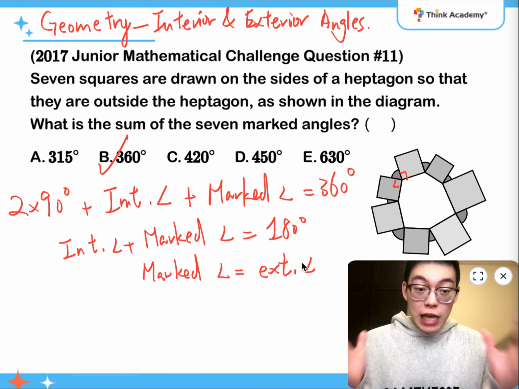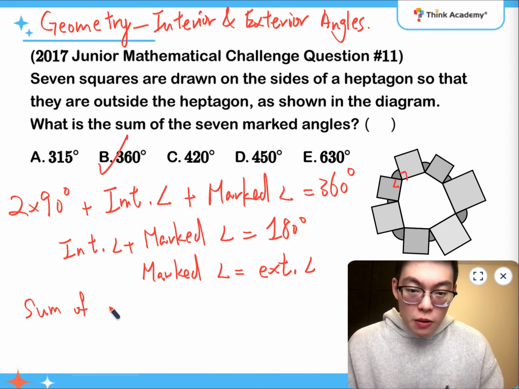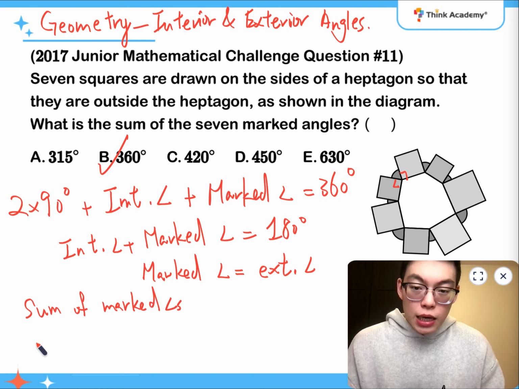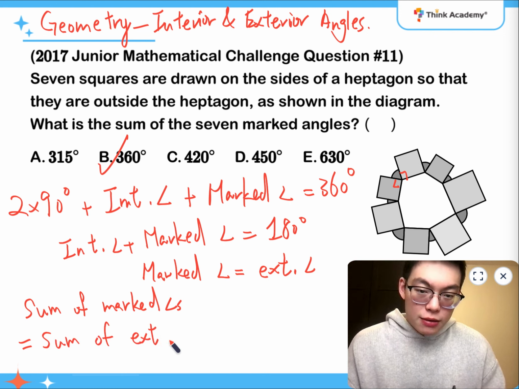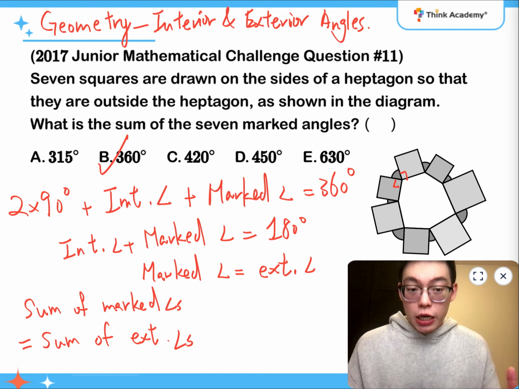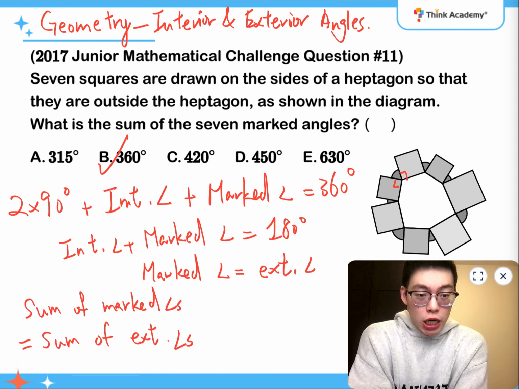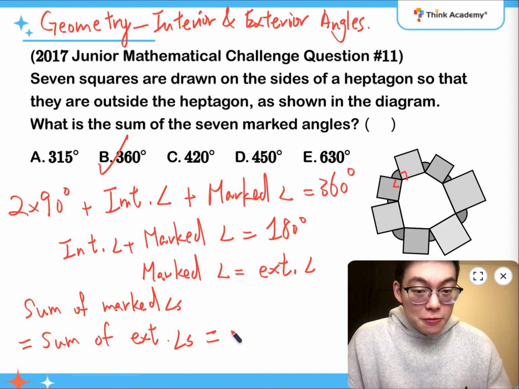So for all 7 of them, if I want to find the sum of marked angles, it's equal to the sum of exterior angles of a polygon. And we know that the sum of exterior angles for a polygon has to always add up to 360 degrees.